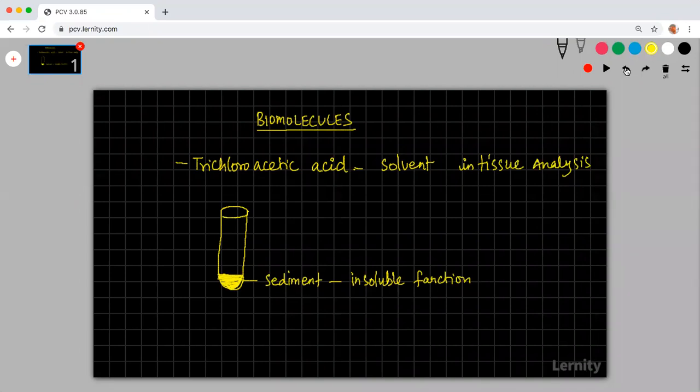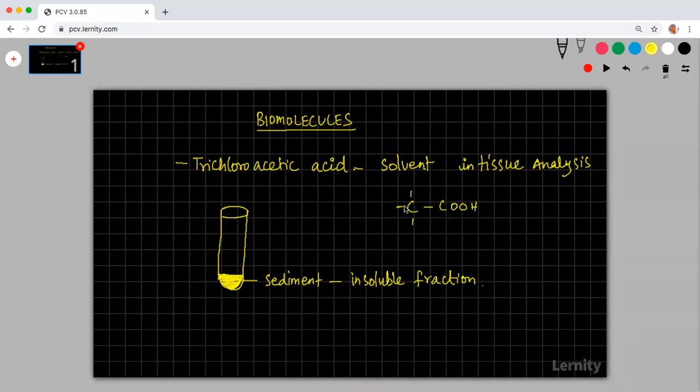Sorry, the spelling of... What is acetic acid? Can someone tell me? What is the formula for acetic acid? So you have CH3COOH.